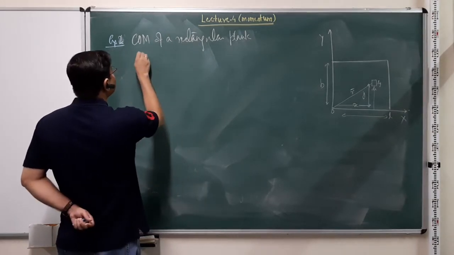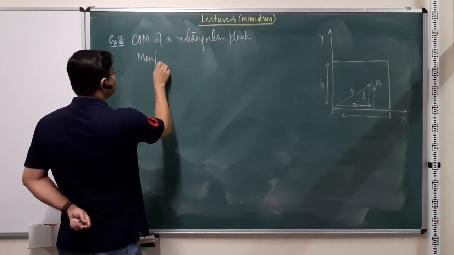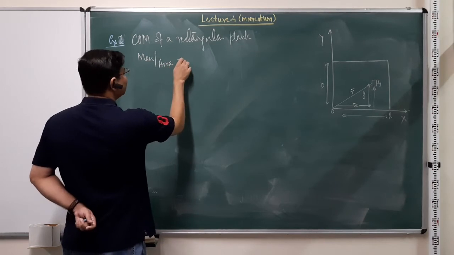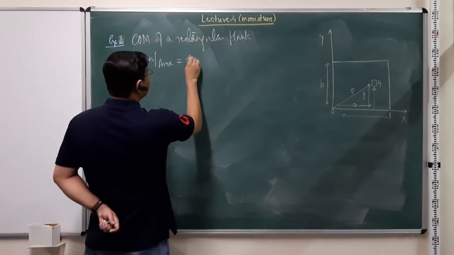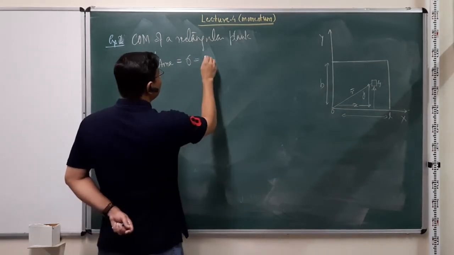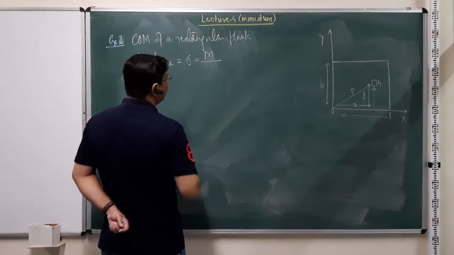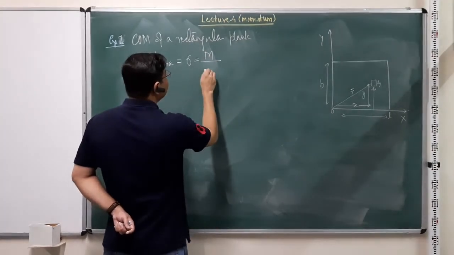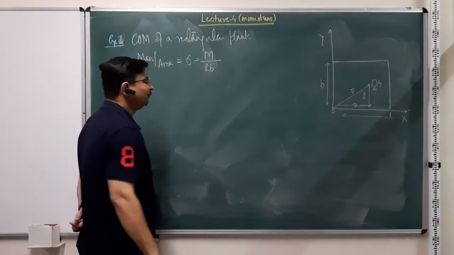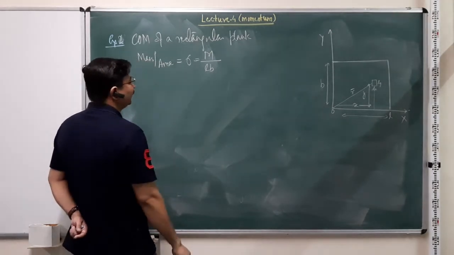So again, what we will do is write down the mass per unit area in this case, sigma, let's say, and this is equal to the total mass of the plank divided by the area, so L into B. This is the mass per unit area.